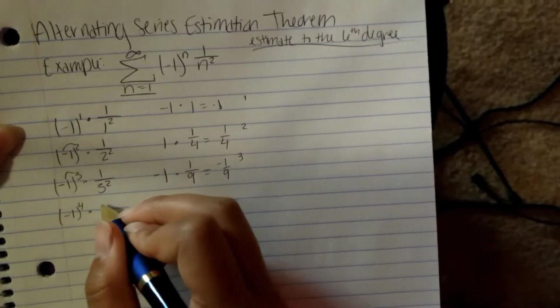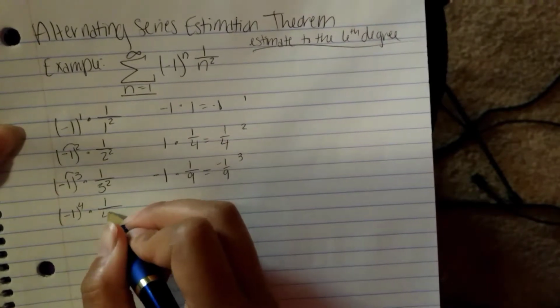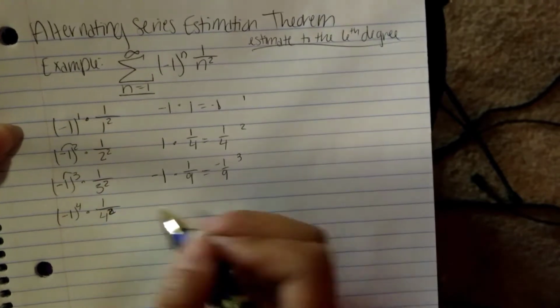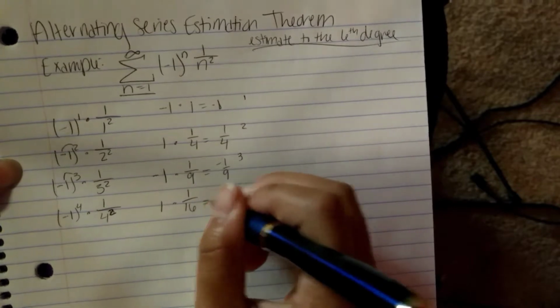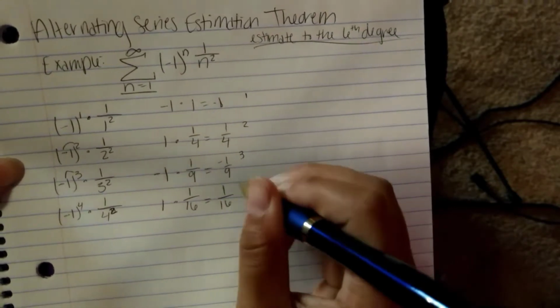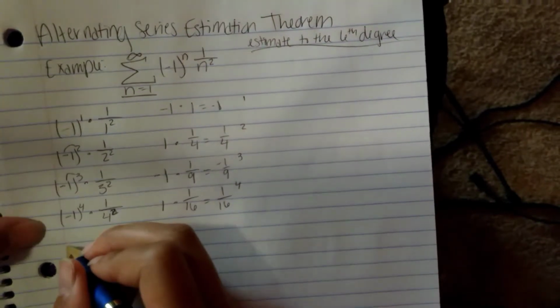So we're going to start putting in sequential numbers for n. So you've got 1 times 1 over 16, or just 1/16 for your 4th one.